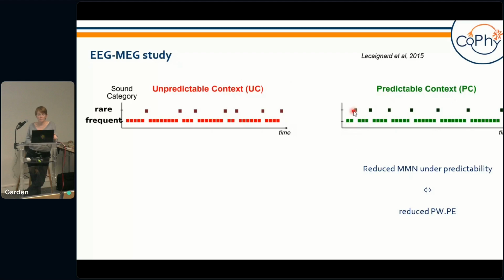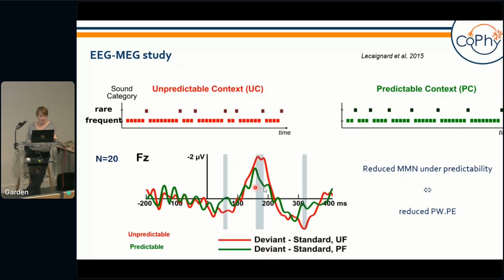So we have two standards, one deviant, three, four, five, etc. And we expected a reduced mismatch negativity in the predictable context because this would represent a reduced prediction error. And this is what we could indeed measure. We have the predictable MMN in green that is reduced as compared to the unpredictable one.